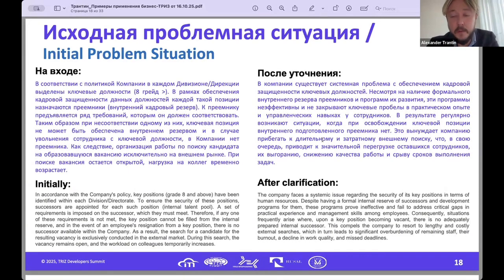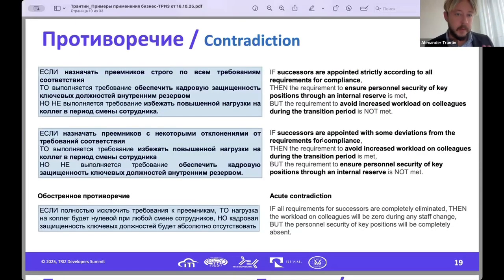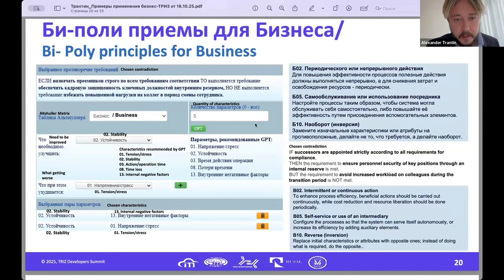And as a result, you have to distribute certain tasks and duties between the remaining personnel. So you have to clarify the situation and the problem, choose the contradiction between the requirements, and then we use the resources available.